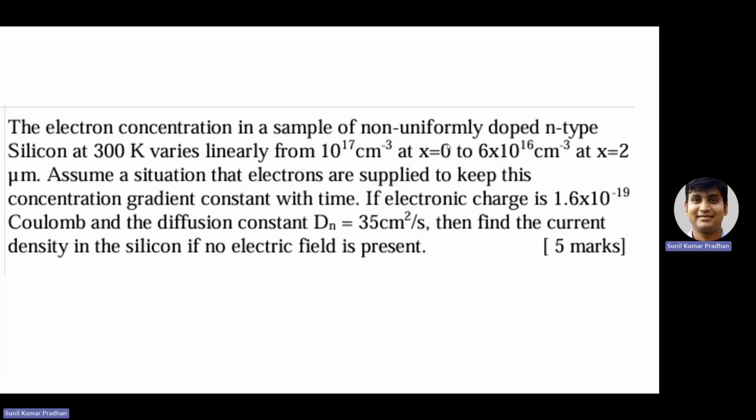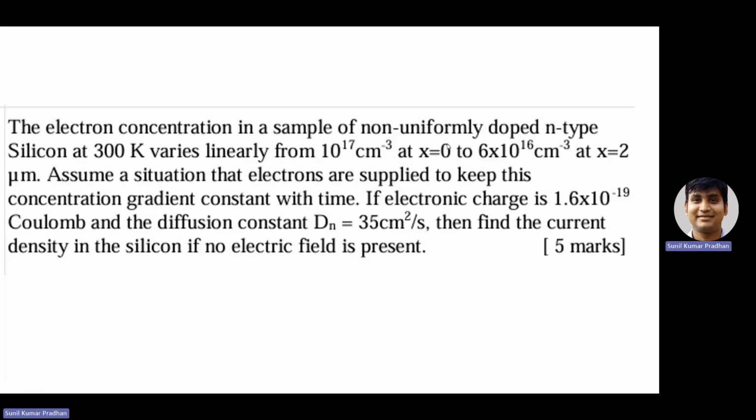The next question is: the electron concentration in a sample of non-uniformly doped n-type silicon at room temperature, that is at 300 Kelvin, varies linearly from 10 to the power 17 per centimeter cube at x is equal to 0 to 6 into 10 to the 16 per centimeter cube at x is equal to 2 micrometer.